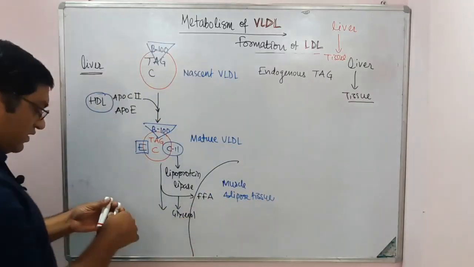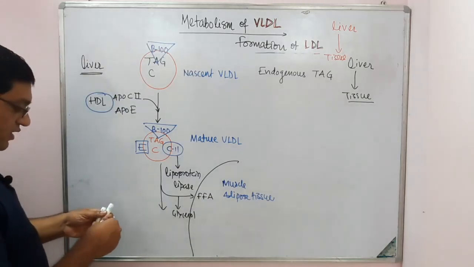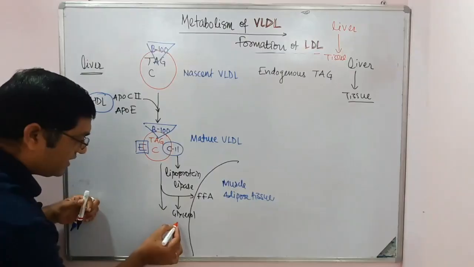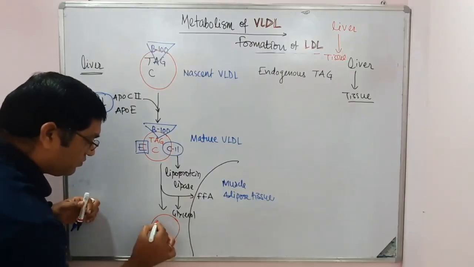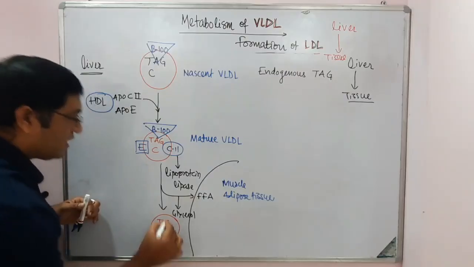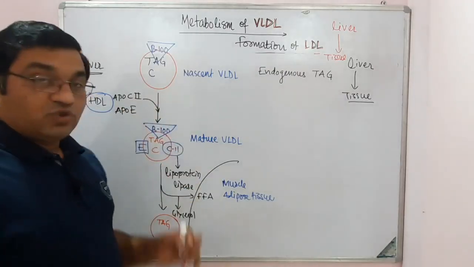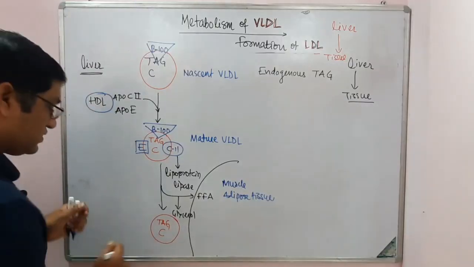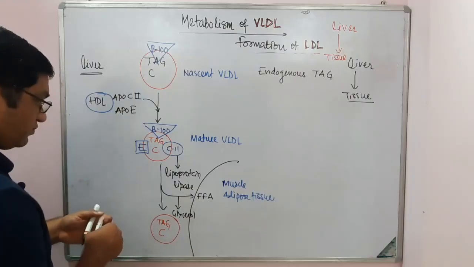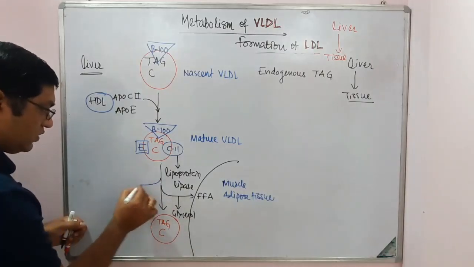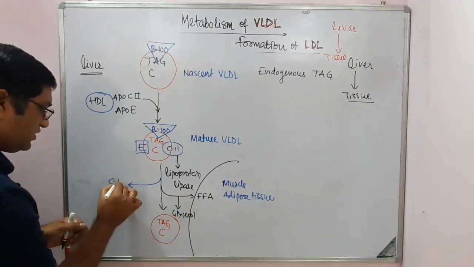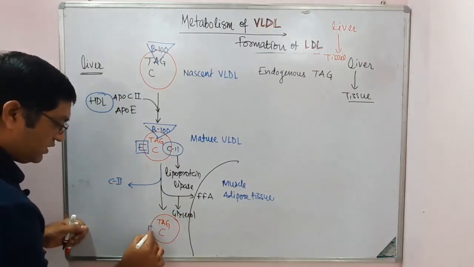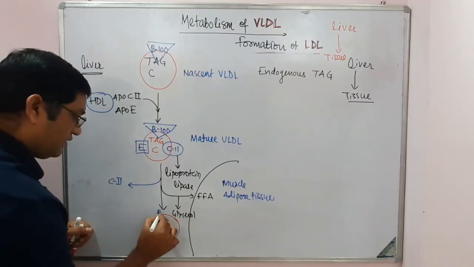Now this is converted into a VLDL remnant, which contains less triacylglycerol as compared to the mature VLDL. So it has triacylglycerol, cholesterol and cholesterol ester, it loses ApoC2, and there is ApoE and B100.